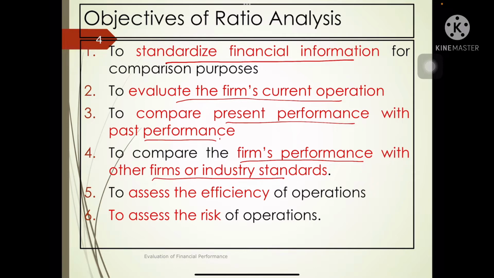For example, company A we can compare with company B. If company A is in the tourism sector, we can see its performance in the tourism sector. Number 5 is to assess the efficiency of the operation, so we can see how efficient the company is in managing its operation. And we can also assess the risk of the operation.